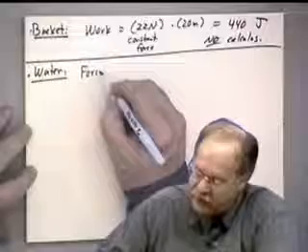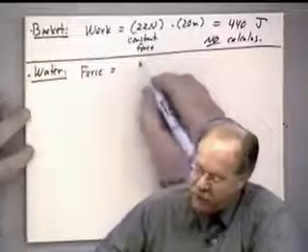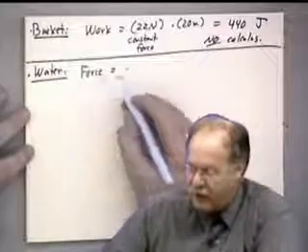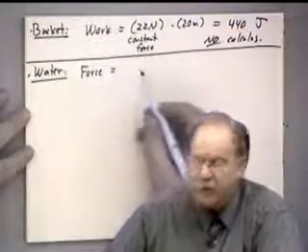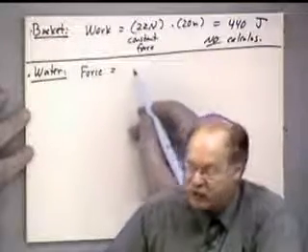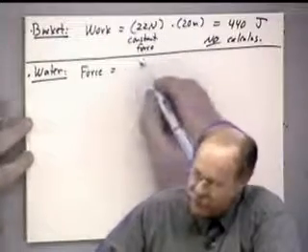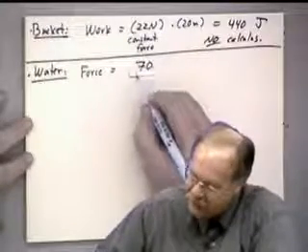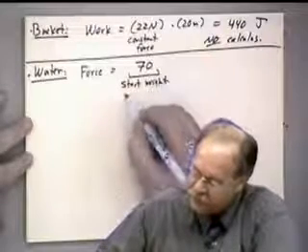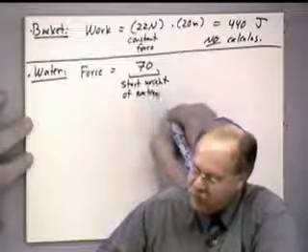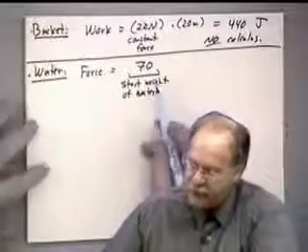So let's see what the force is here. The force is some proportion of the amount of water, which was the constant force of water that we started with. It's some proportion of that. At any given position, there's only so much water left. So this is 70 newtons, and this is the starting weight of the water. And weight, of course, is another word for force here.